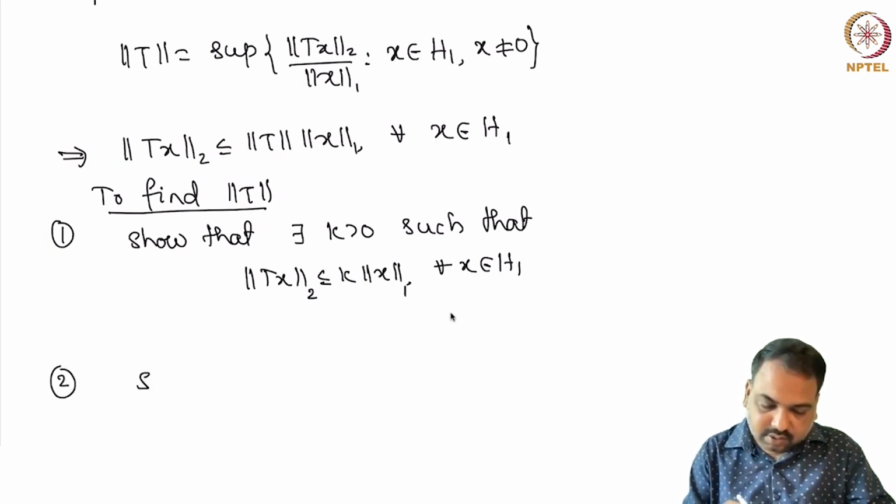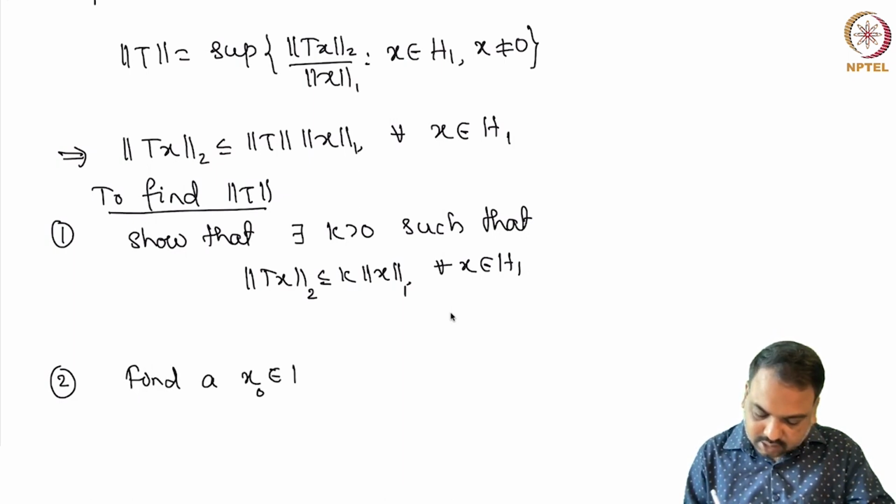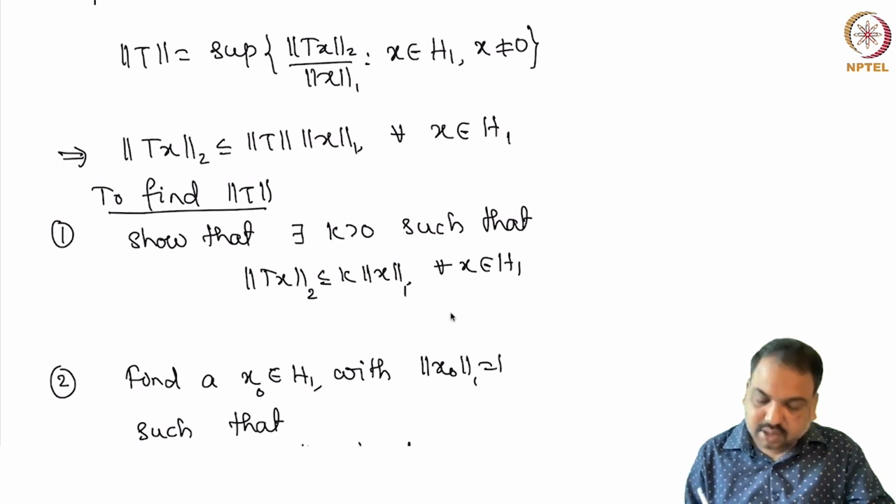Then find some unit vector, let us say x0 in H1 with norm x0 equal to 1, such that norm Tx0 is exactly k.